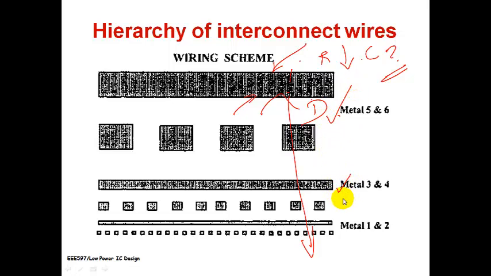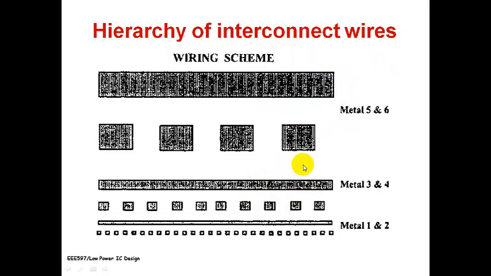Whereas here I would want the capacitance to be less because the distance is so small, so the capacitance is less, and the resistance at this point is given by this much width. That's what we normally do, because if we have a very thick wire, naturally I would end up with more capacitance. If I want to reduce resistance, I have to make my metal width very big.